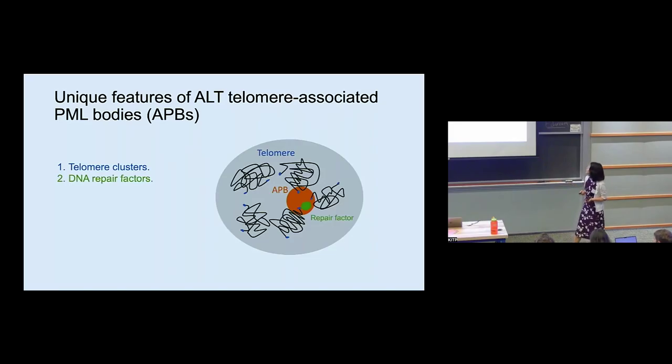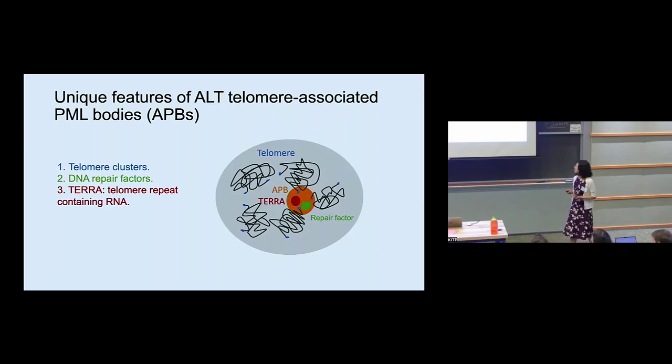And you have a higher enrichment of DNA repair factors in those PML bodies compared to normal PML bodies, just more. And also you have this RNA, which is transcribed from telomere repeats, TERRA, in those condensates. And normal PML bodies have no detectable RNA content in them.